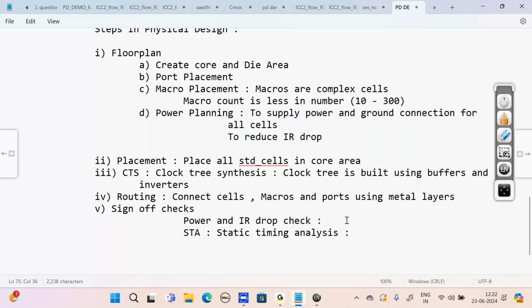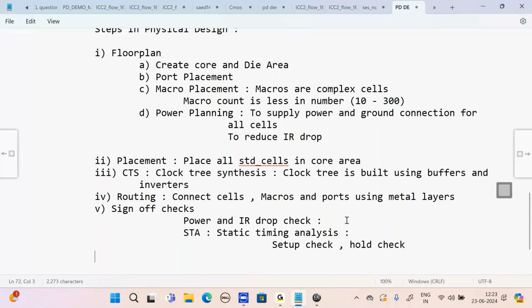So static timing analysis, we cover setup check, hold check. Latency. What do you mean by latency? Skew, jitter.